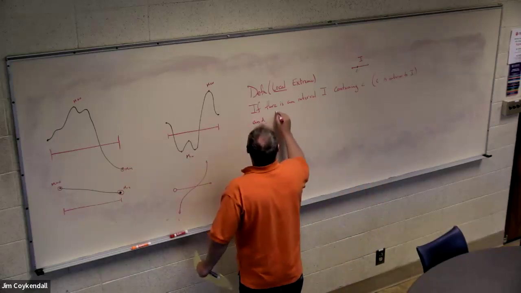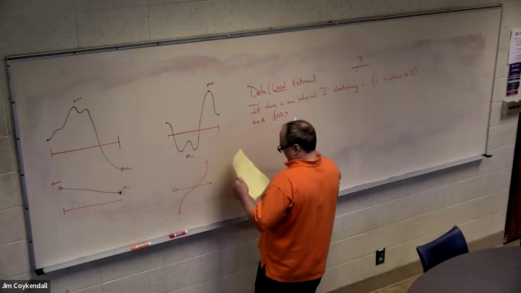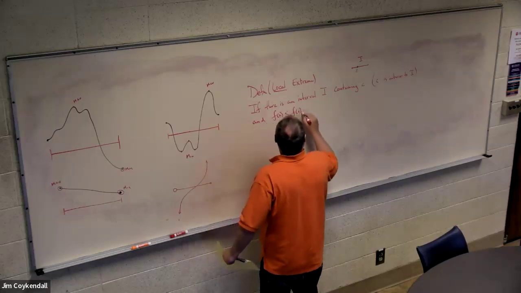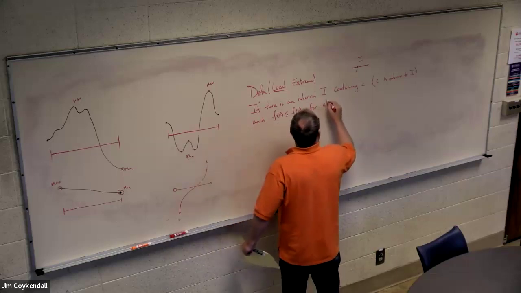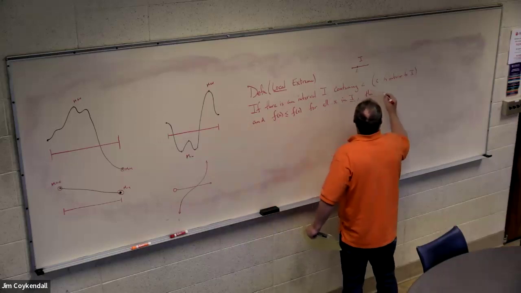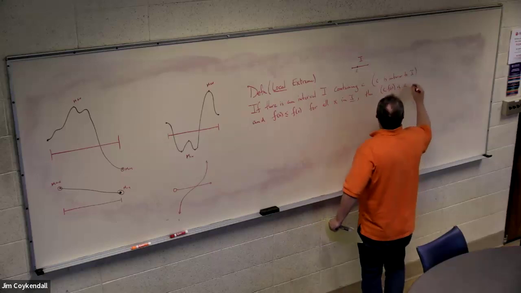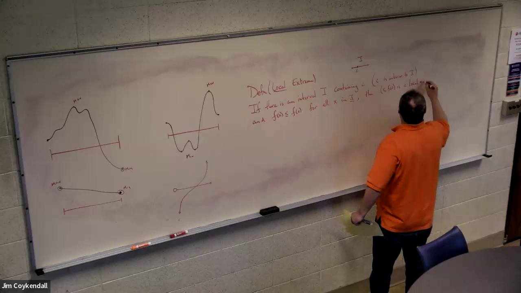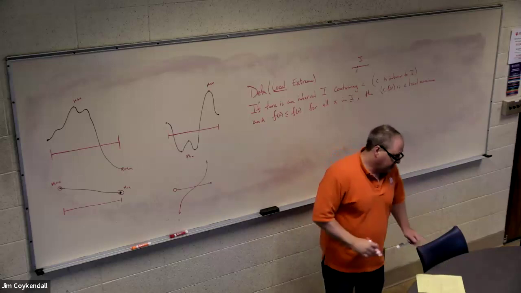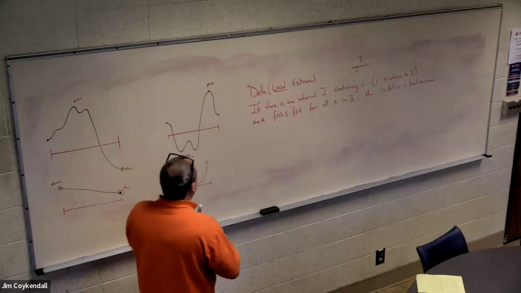And f of x is less than or equal to f of c for all x in I, then f of c is a local max. This is not necessarily the absolute maximum, it's a local maximum, right?